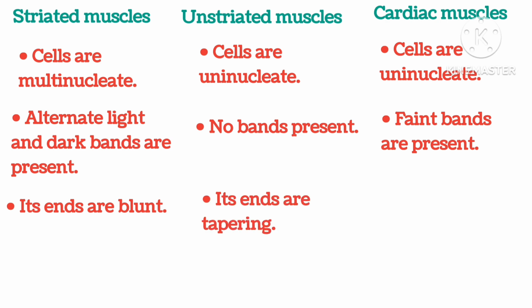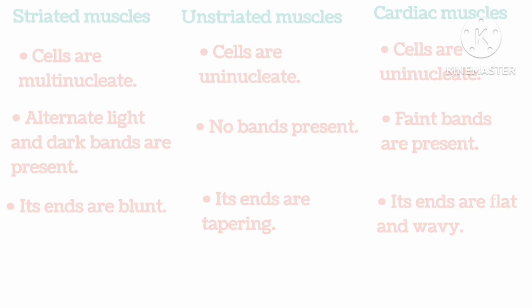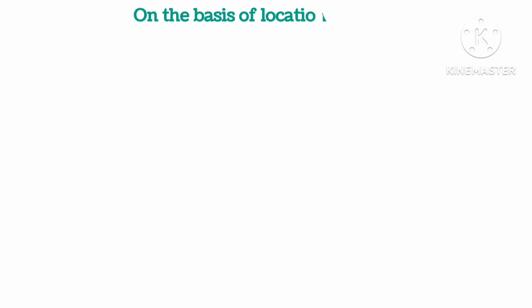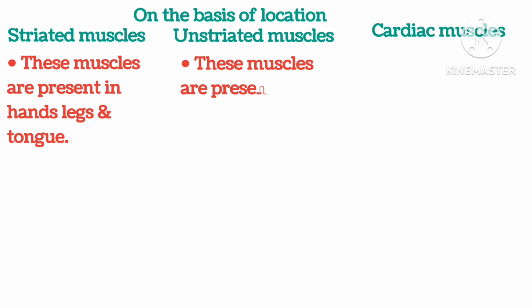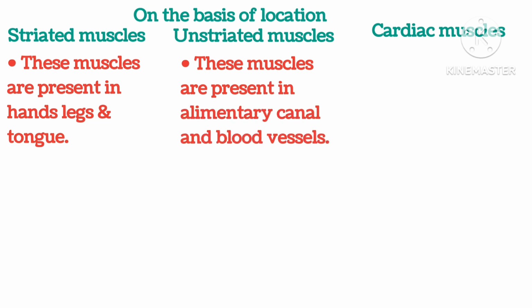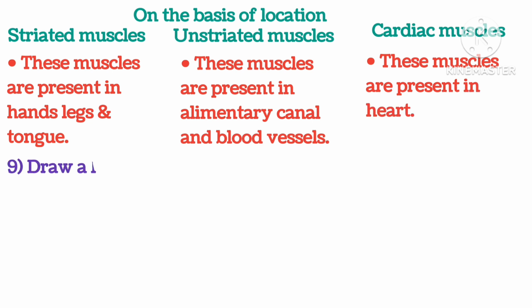Unstriated muscle ends are tapering and cardiac muscle ends are flat and wavy. Now on the basis of location, striated muscles are present in hands, legs and tongue. Unstriated muscles are present in the alimentary canal and blood vessels, and cardiac muscles are present in the heart.